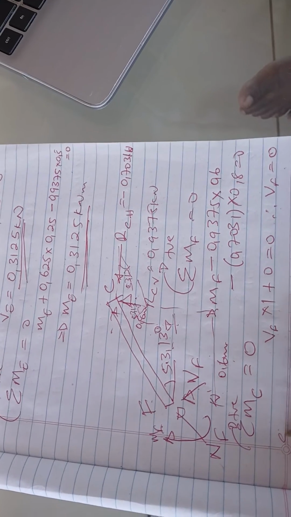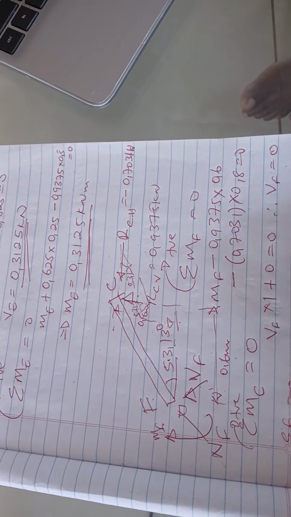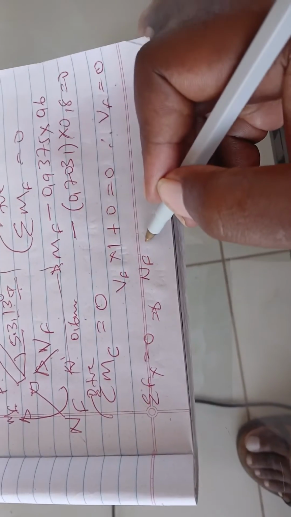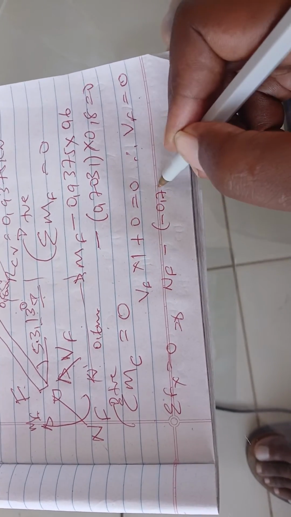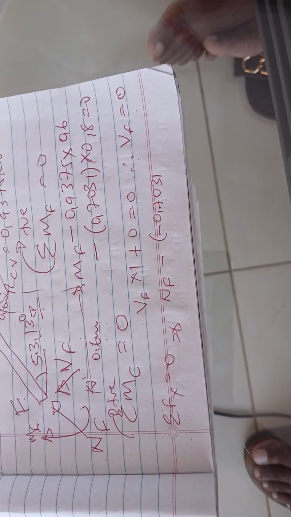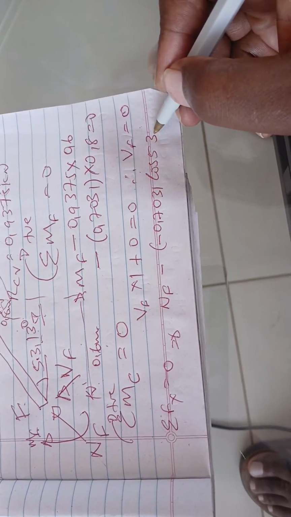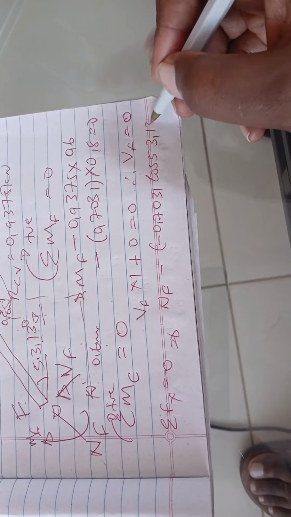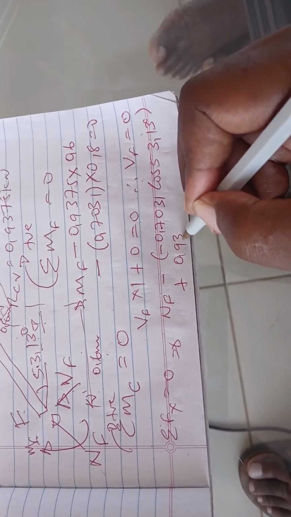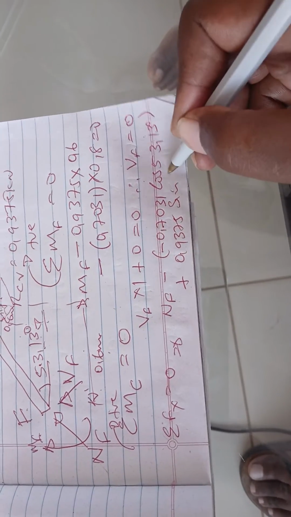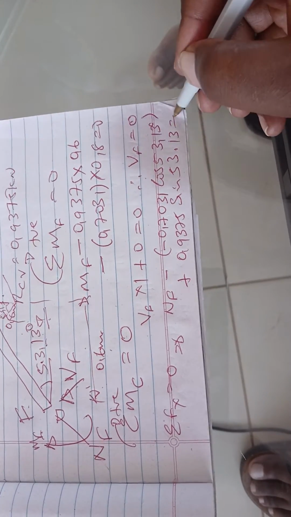So we can say the summation of forces in the x direction is equal to 0, which implies that NF minus 0.7031 cosine of 53.13 plus 0.9375 sine 53.13 is equal to 0.